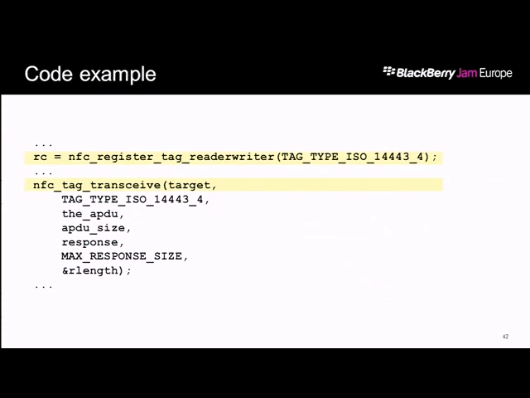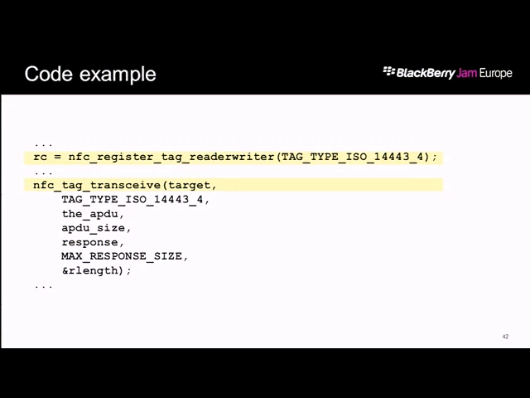It's quite straightforward. You run in an event loop, but we start off by calling this method, NFC register tag reader writer. And in brackets, we have to indicate the layer of the protocol stack that our target card supports. More details on that outside of this session, but layer 4 is commonly the one that we'll use.